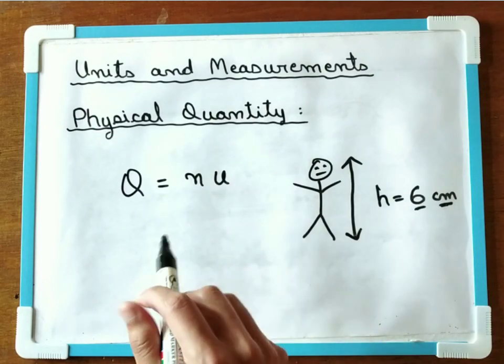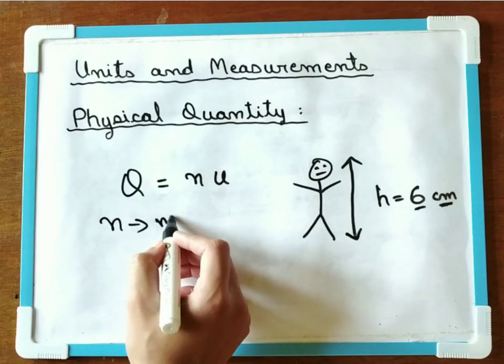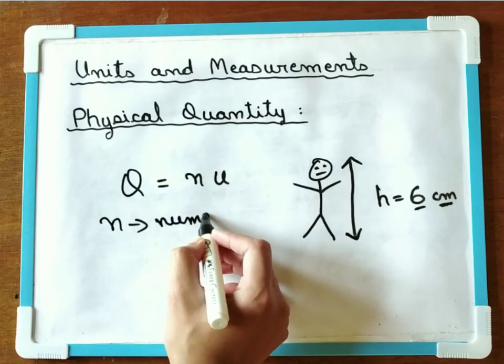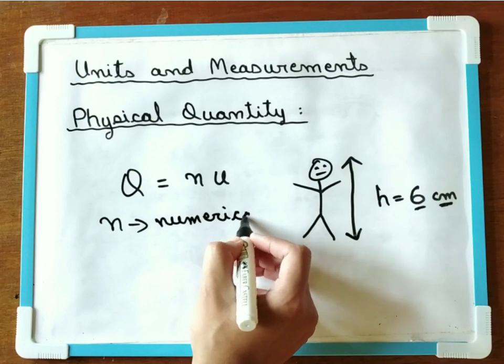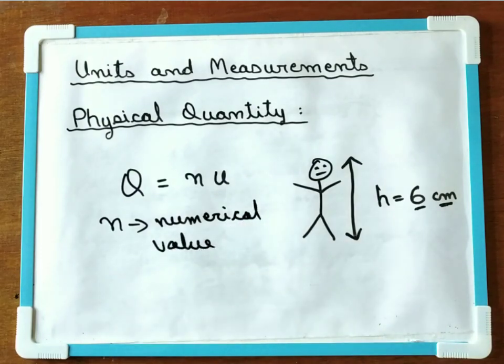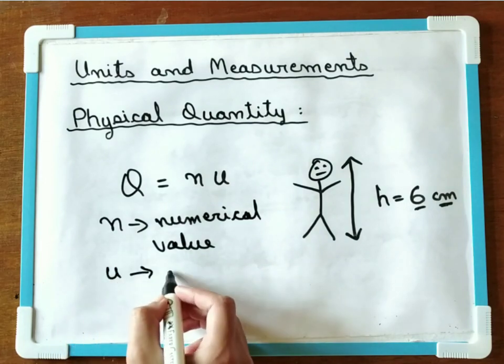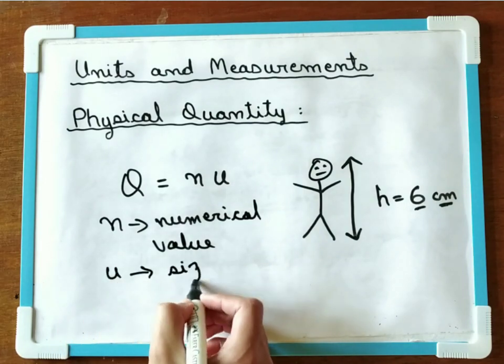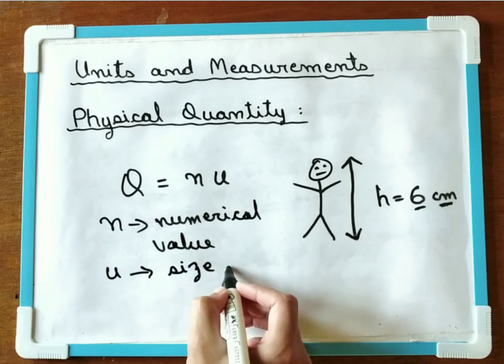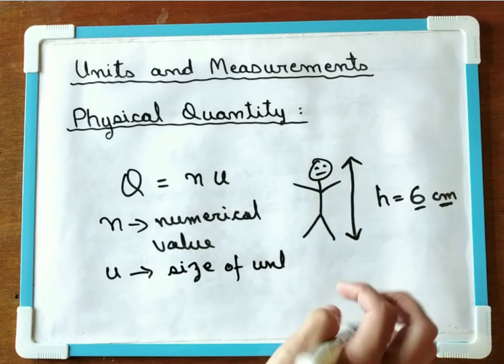So here n, this is known as the numerical value of the unit, and u, this is known as the size of the unit.